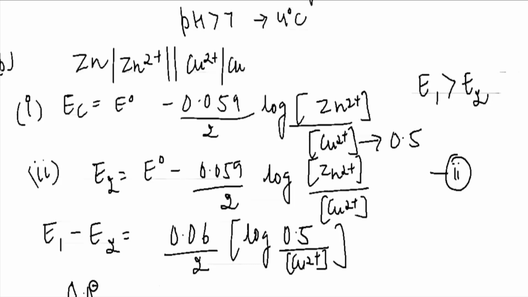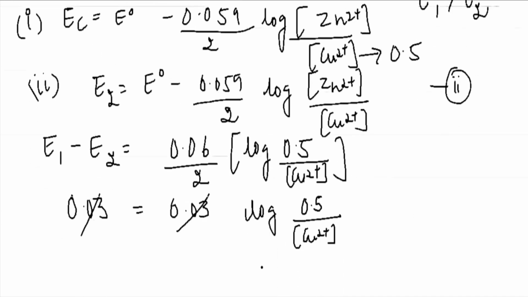This value is given to us as 0.03, so the left side becomes 0.03, equal to 0.03 times log of 0.5 divided by the Cu2 plus concentration. So the log term becomes 1, and this value becomes 10, that is, 10 equals 0.5 divided by the Cu2 plus concentration.